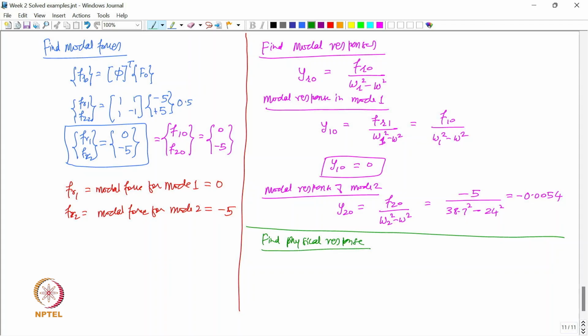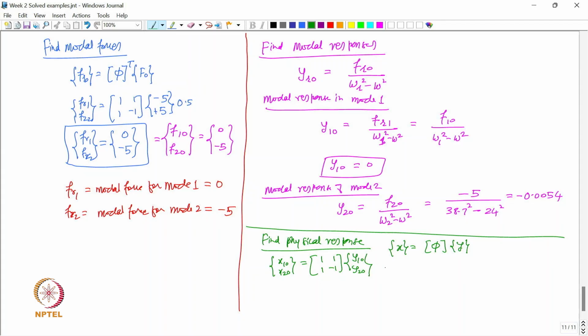Right. So the physical response, as we studied in the lecture classes, is related to the modal response by modal transformation, like this, correct. So x1, x2, which are basically the amplitudes of the responses, equals the matrix 1, 1, 1, minus 1, into Y10, Y20.